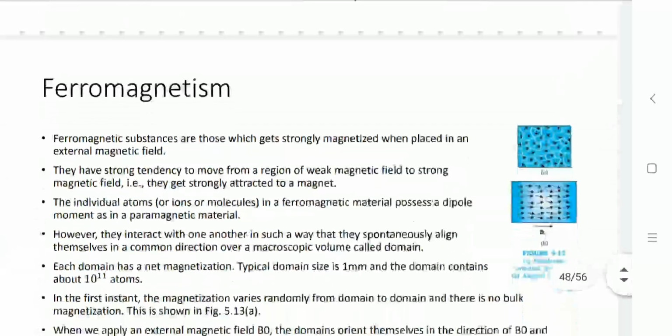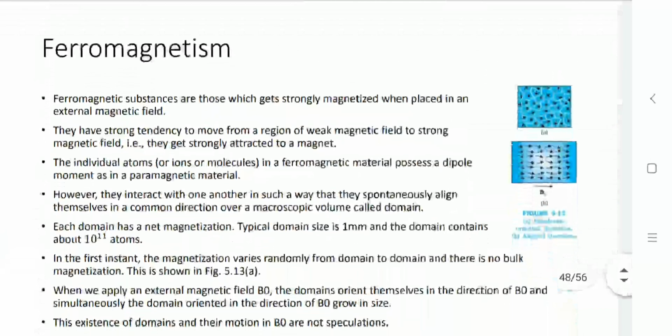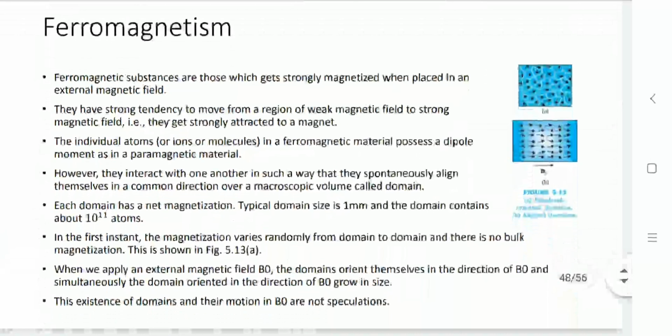Now next is ferromagnetism. A ferromagnetic substance is one which is strongly magnetized when placed in an external magnetic field. It has the tendency to move from weak magnetic field to strong magnetic field.